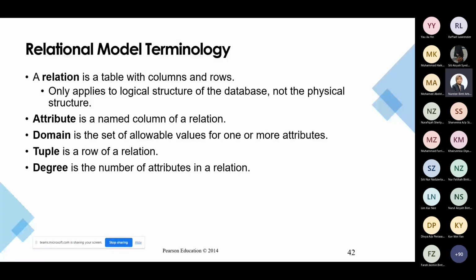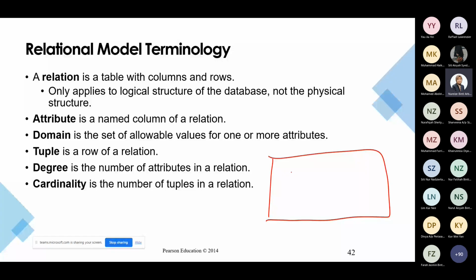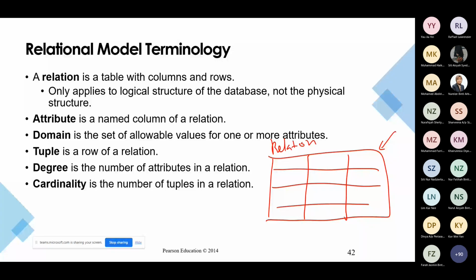So go back like this. This is a relation, a table with columns and rows. This is the columns, attributes. And this is a tuple. The values inside this one can also be understood by the word domain, but usually we name it simply data.